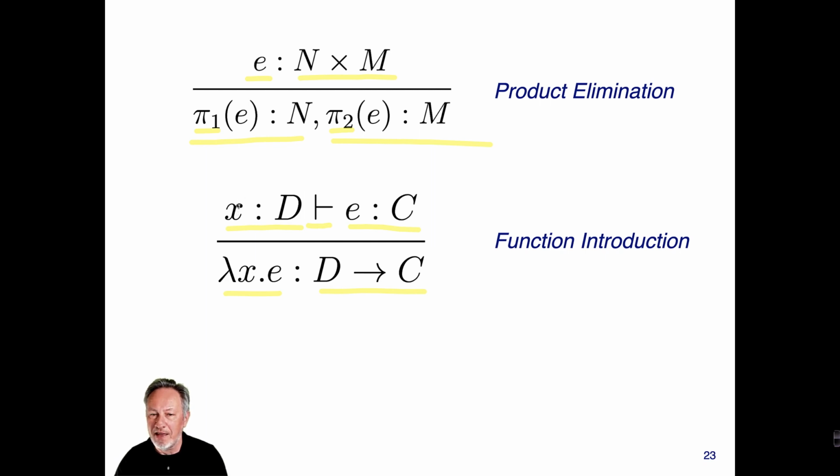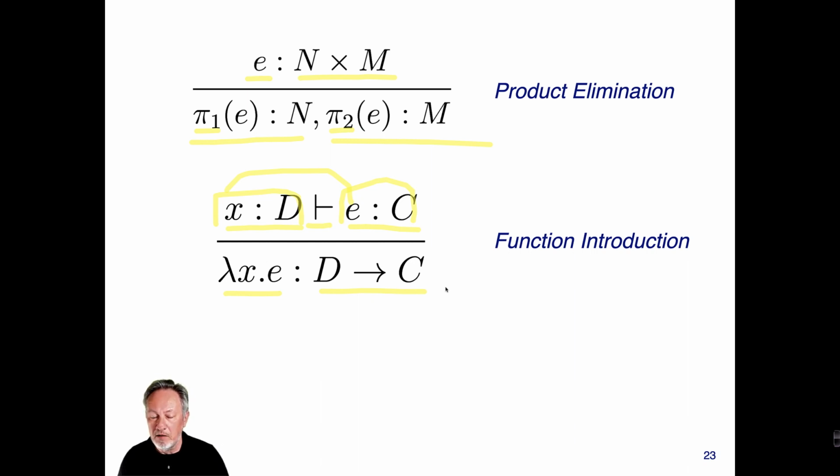That means that this x may appear somewhere in this e. So given the information that x is of type d, if that allows us to conclude this, then the function obviously is going to take an argument of type d, and it'll return an e of type c. So the type is d arrow c.